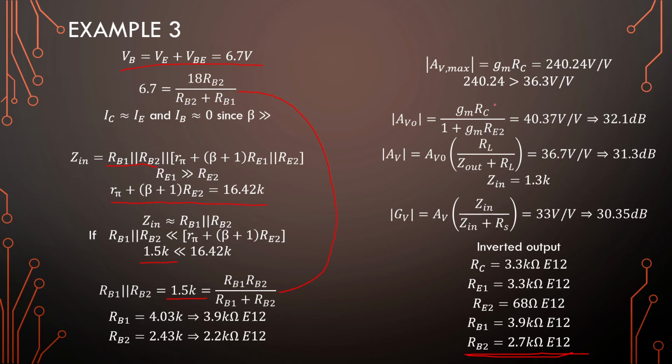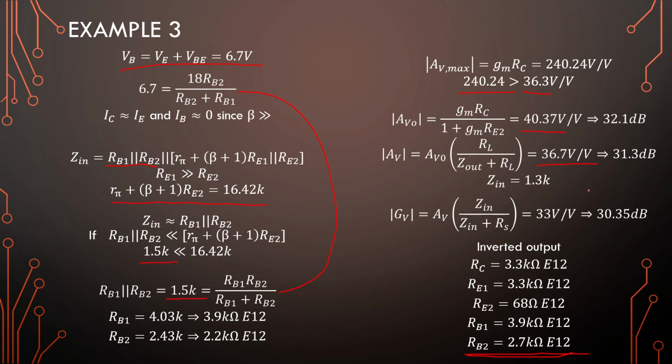Calculating all our parameters in the end. The maximum gain available without feedback is 240.24, which is larger than what we want. Recalculating the maximum gain gets us to 40.37, so that's a tad larger than what we designed for.